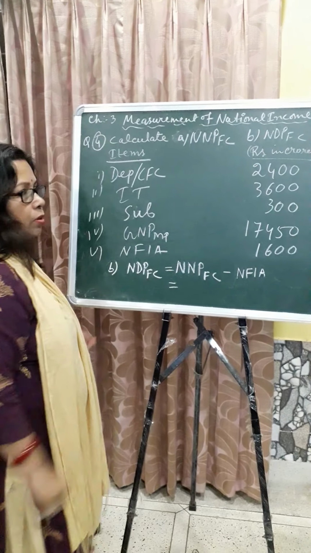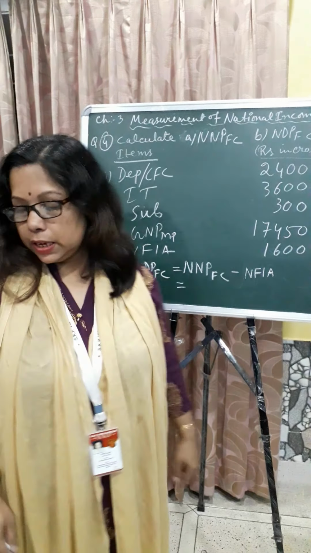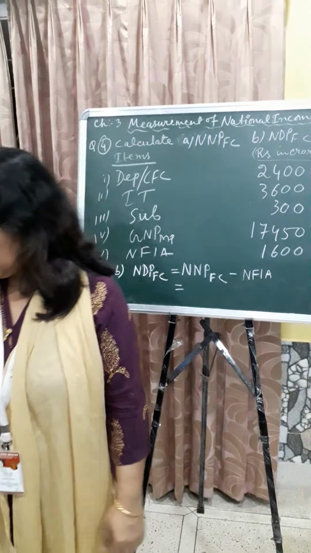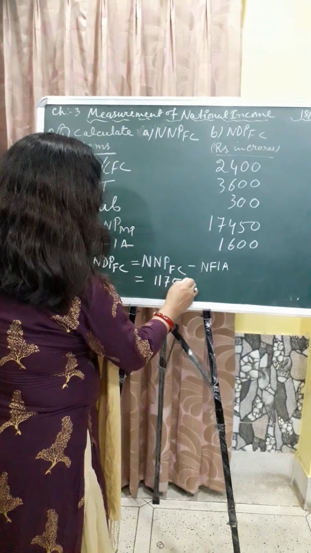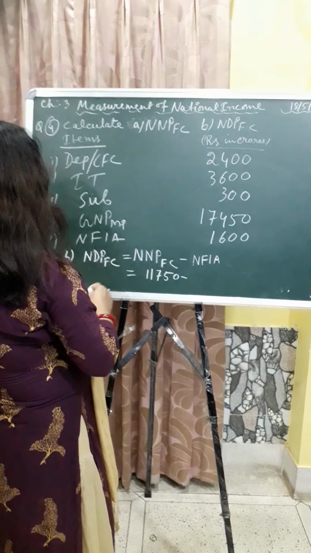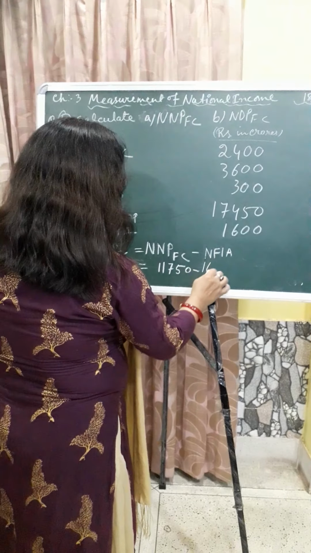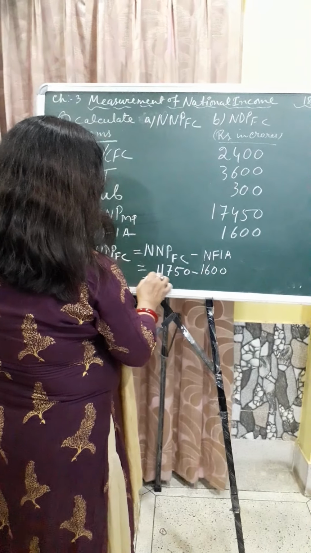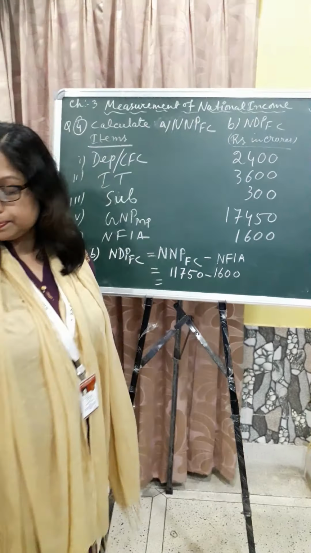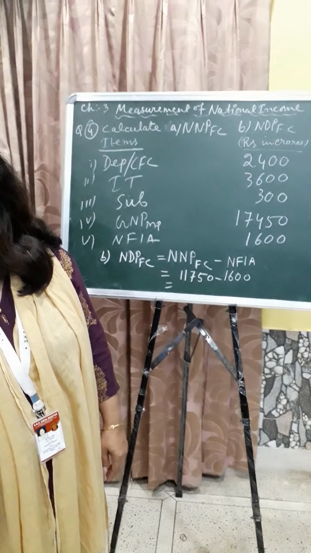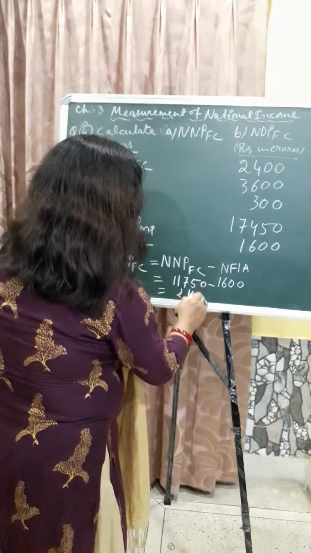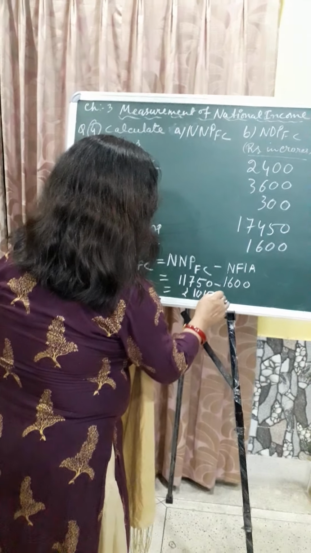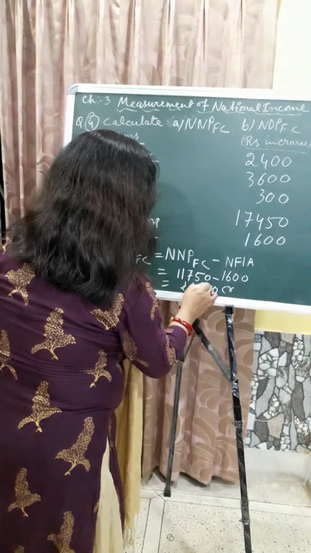What is the value of NNPFC? The value is 11750 minus NFIA 1600. The answer will be 10150 rupees crore.